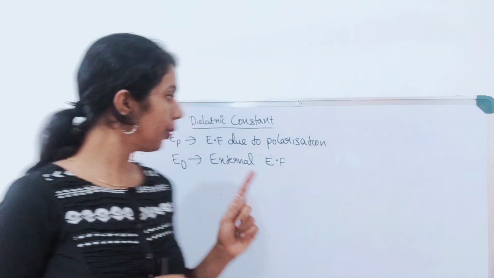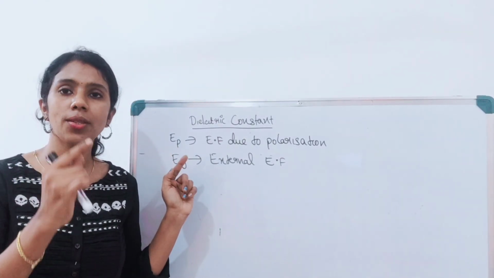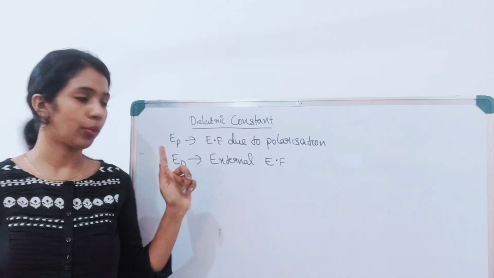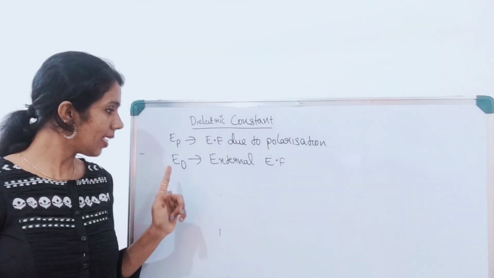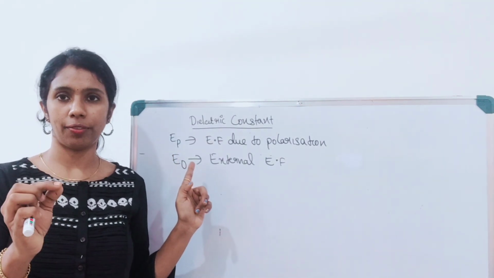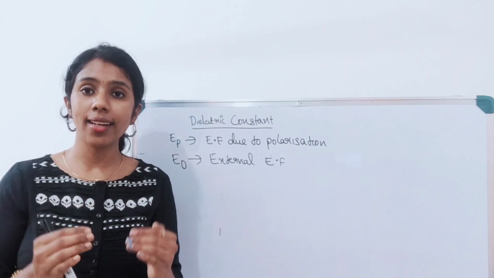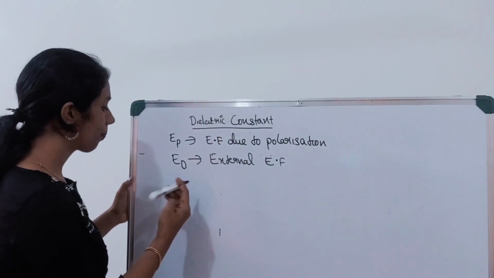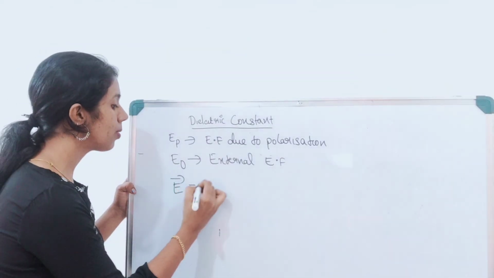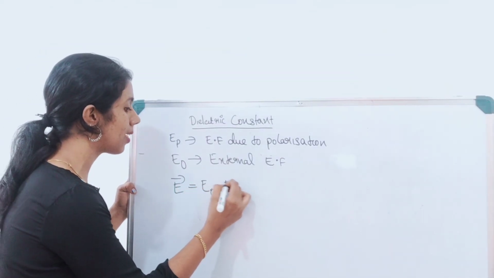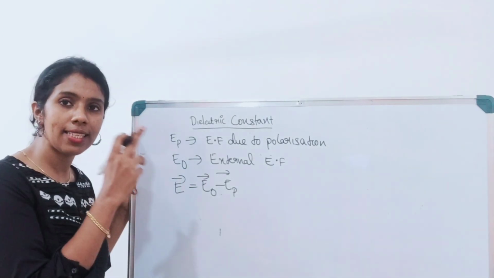That electric field due to the polarization is denoted by EP, which is opposite to the external electric field E0. Due to this, the electric field inside the dielectric, that is E, gets reduced to E0 minus EP, where E will be in the direction of E0.